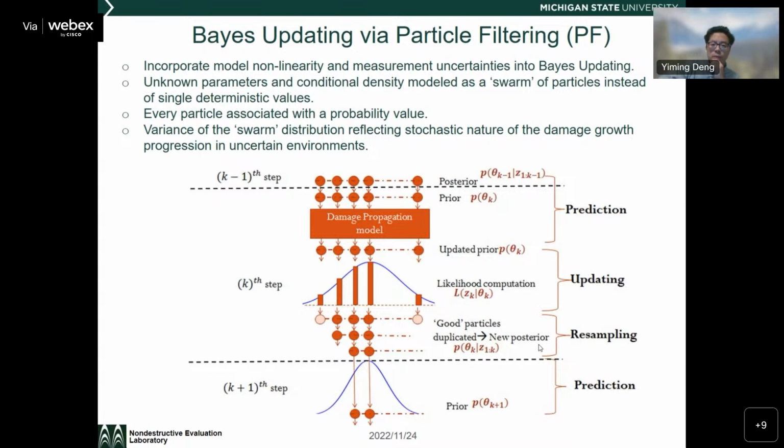That's how the Monte Carlo simulation will play a role here. And each particle here is corresponding to a probability value. And the variance of this swarm distribution reflects the stochastic nature of the damage growth in uncertain environments or with uncertainties.